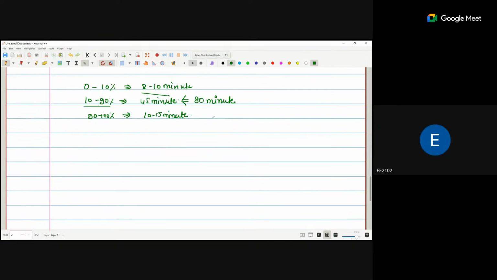One is called the pre-charge condition, then the constant current charging condition, and then the constant voltage charging condition.